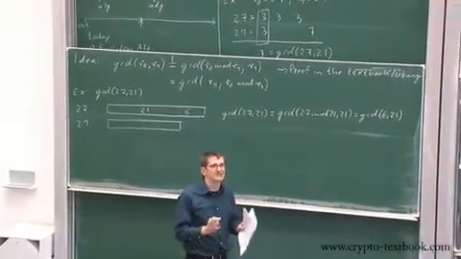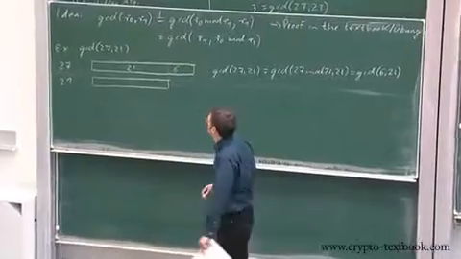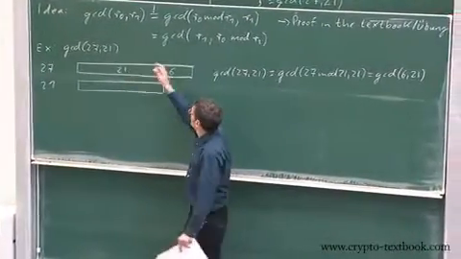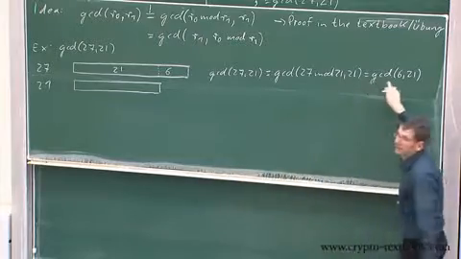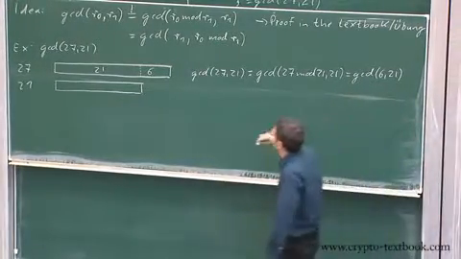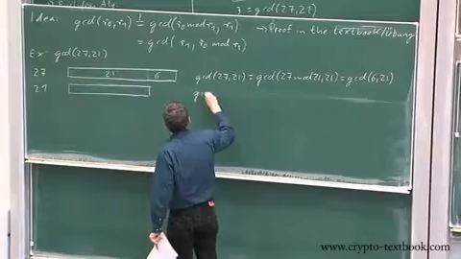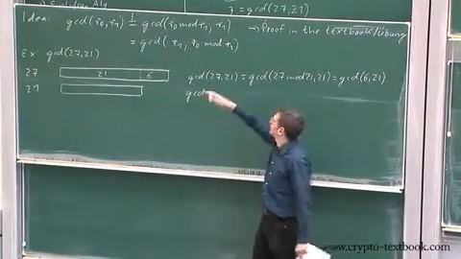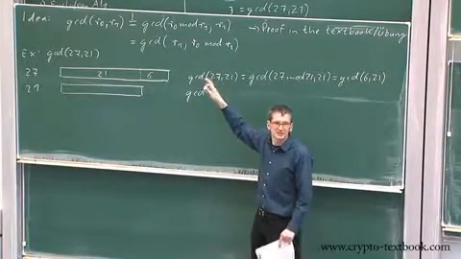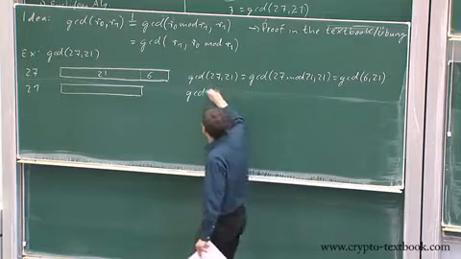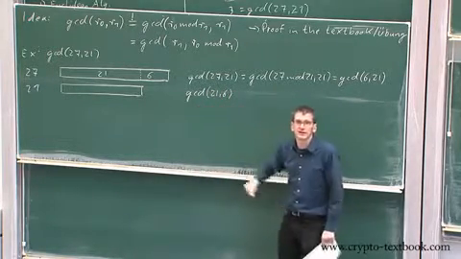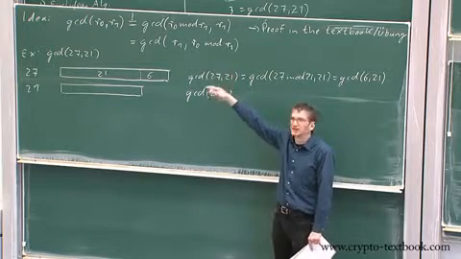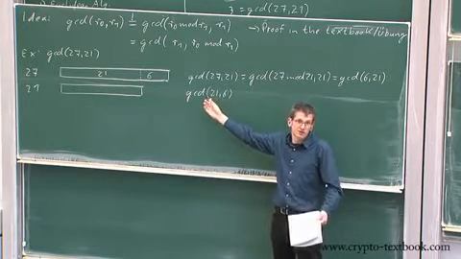We do that now repeatedly. Okay. Again, we started with this long number 27 and 21. What this tells us now, we can reduce it to a smaller problem. So what we're going to do now is we pretend there wasn't even a problem with large numbers. We just say, well, the problem is only GCD of 21 and 6. Okay? So forget what we did before. We say this is the original problem.